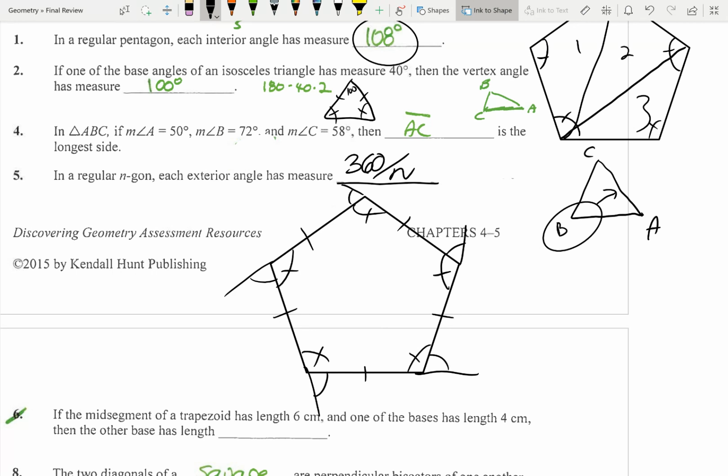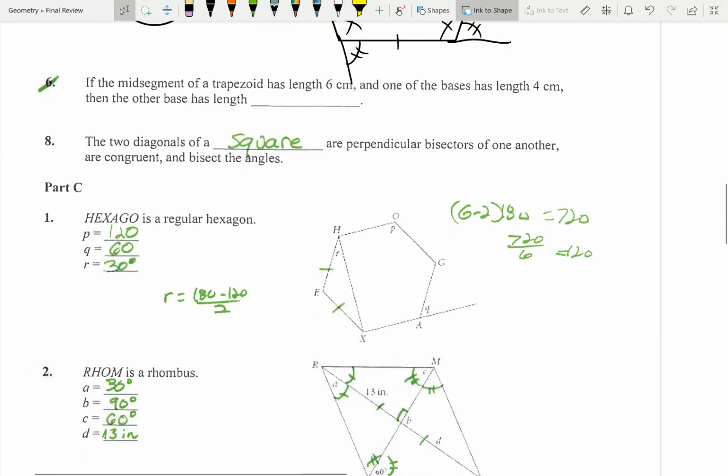So they'll all be a complete circle, which, as you know, is 360 degrees. If it's a regular n-gon, that's going to make these also be all congruent to each other as well, because they're each a linear pair with the same angle. And so we'll just take 360, divide it by the number of angles, which is 5, or in this case, n. So it'll be 360 over n.